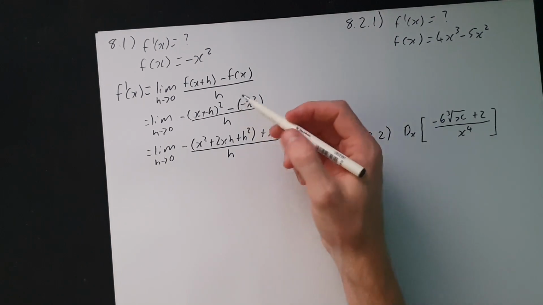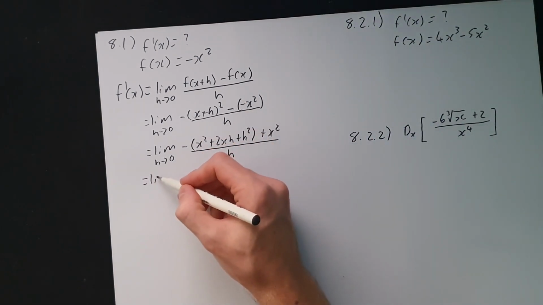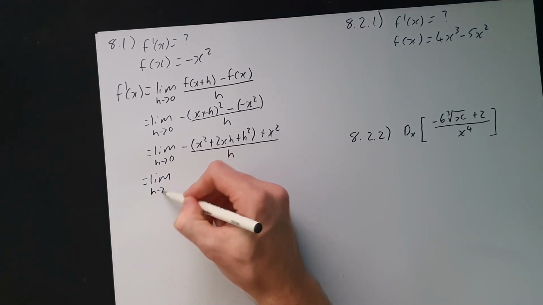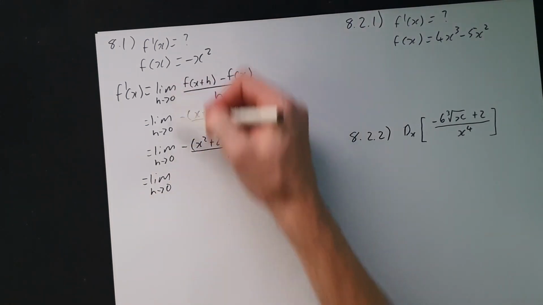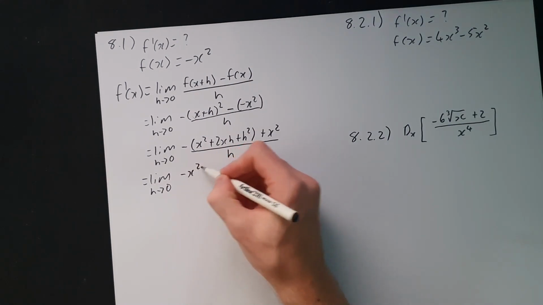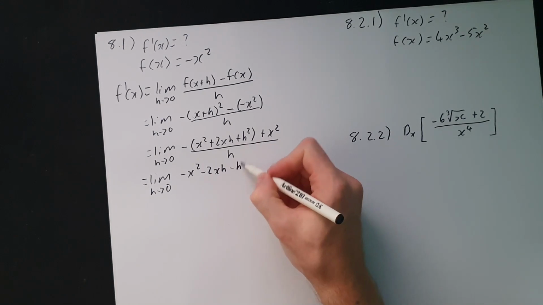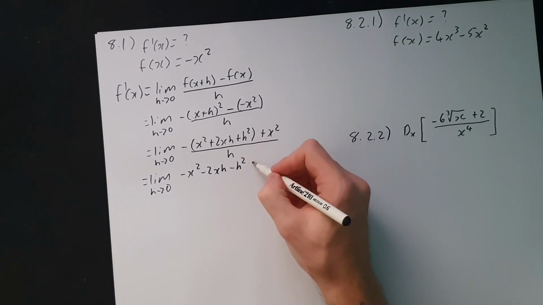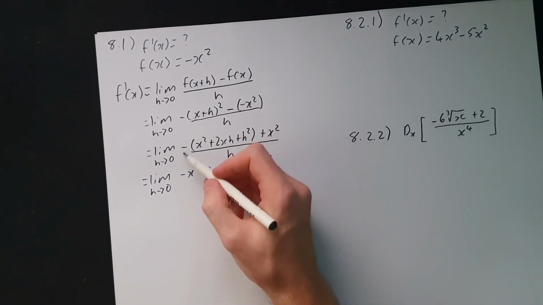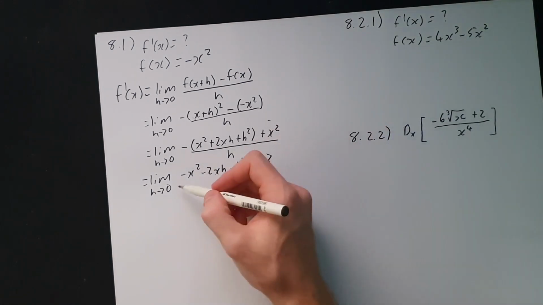Distribute the negative in, keeping the limit as h tends to 0. Please note that you have to keep writing this because you only do the limit at the end. Minus x squared minus 2xh minus h squared, and then plus x squared. Note that this negative does not distribute to that positive x squared on the end.